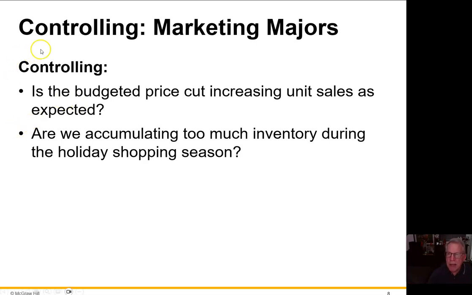So our marketing majors then will look at their controlling function being, is the budgeted price cut increasing unit sales as expected? And number two here, are we accumulating too much inventory during the holiday shopping season, for example?